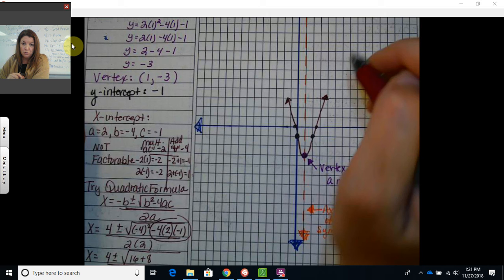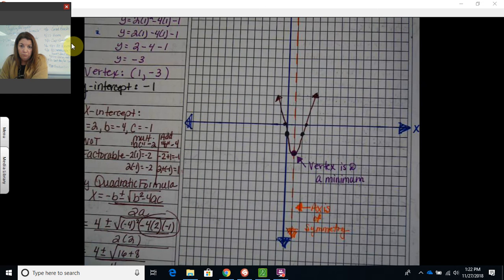You do not want it to be in a point. Graphs that come to a point and make a V are graphs of absolute value equations, not graphs of quadratic equations. Is everybody cool with that? So the actual graphing part's quick. It's just figuring out all of the parts that we need to graph that takes time.